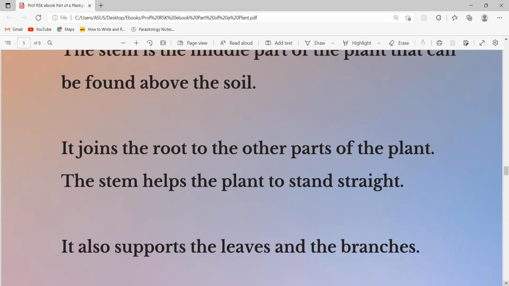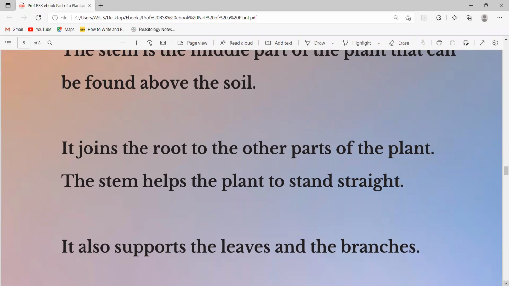So the purpose of the stem is to help the plant to stand straight. If the stem is weak, it means that the whole plant cannot stand straight. They will need support in order to stand straight. An example is the yam plant, and you realize that the yam plant cannot stand straight.